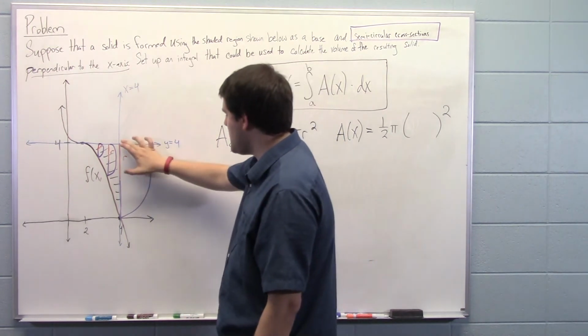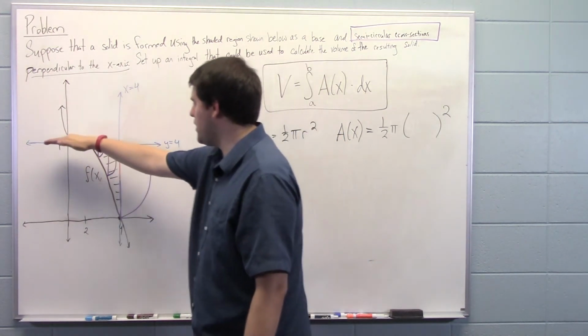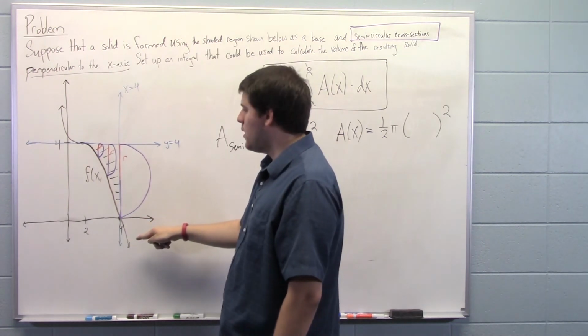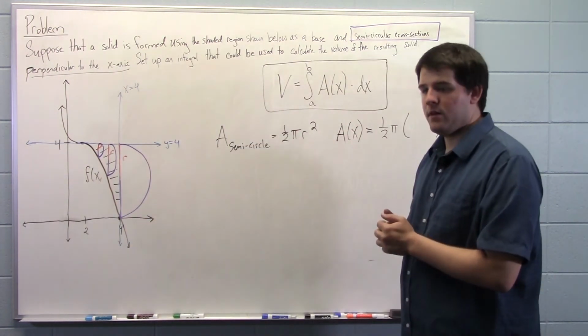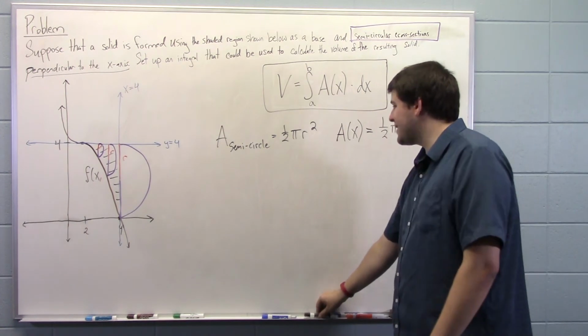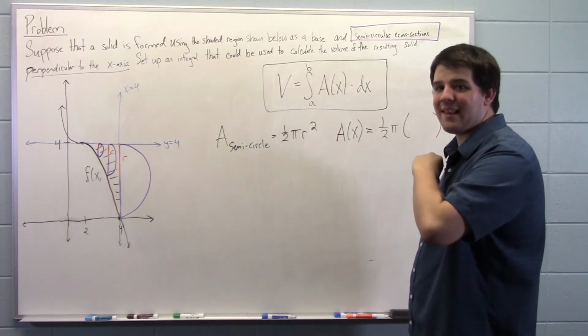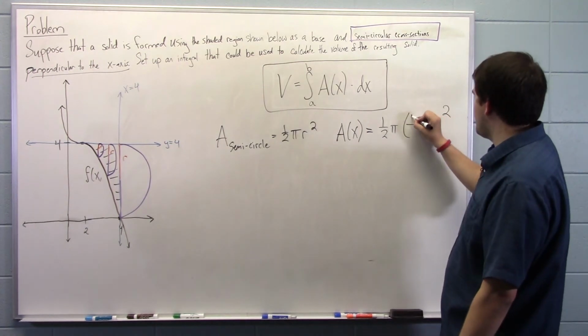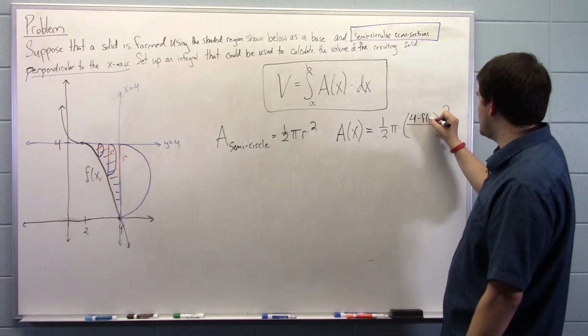Notice that this is exactly half the distance between y equals 4 and this bottom function f of x. So we're just going to take half of that distance, which is exactly half of the side length that we had before for our squares. So we want to take 4 minus f of x.